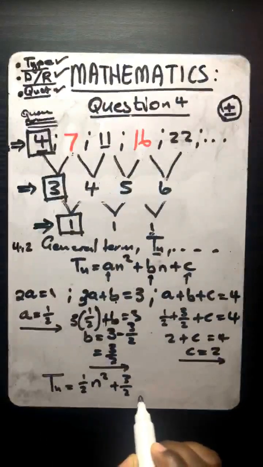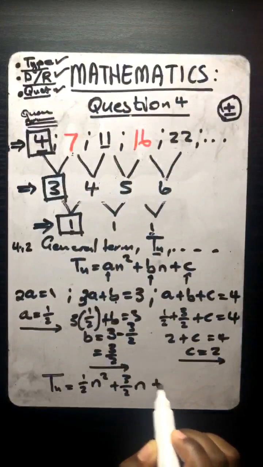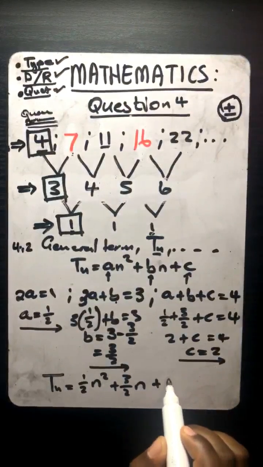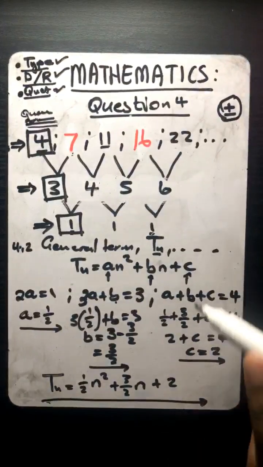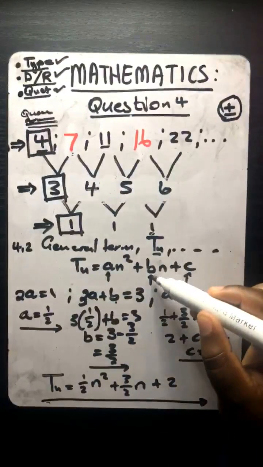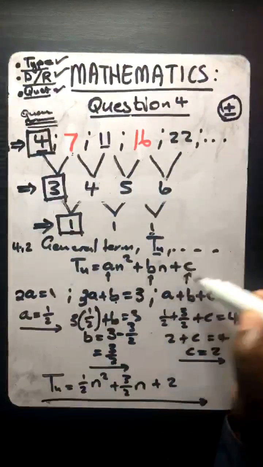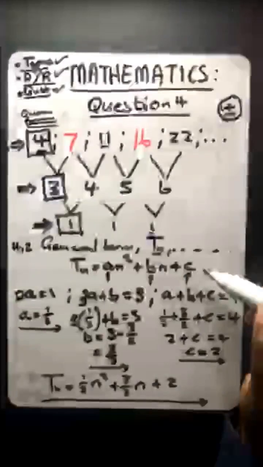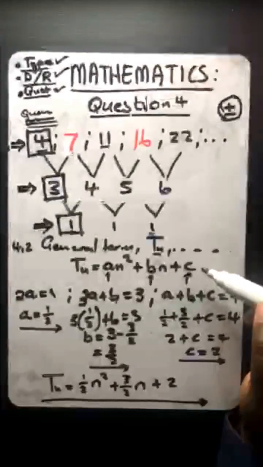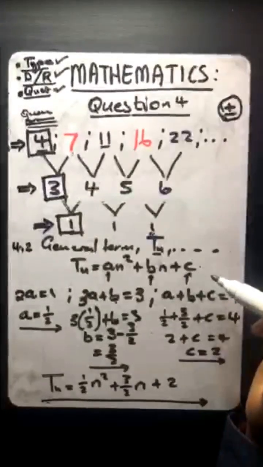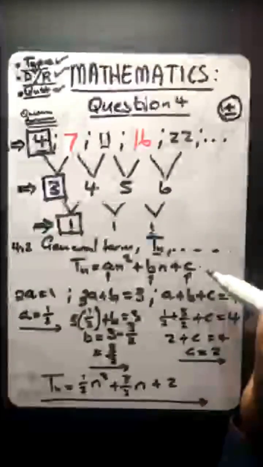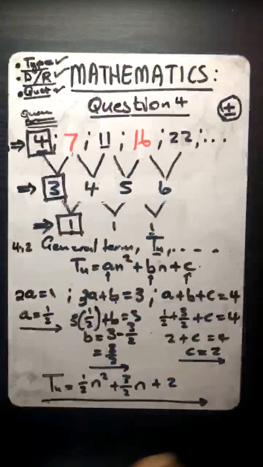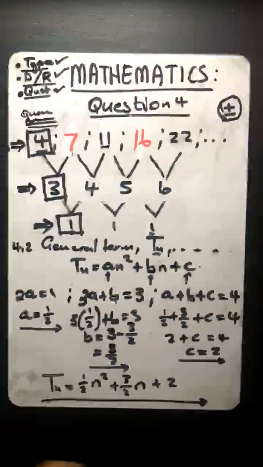Remember, it's not at all times that your a, b, and c values are going to be positive. Sometimes you might find that your b value is negative, or your a value is negative, or your c value is negative, or a mix of those signs. You just need to be careful that whatever you do, you always take the signs into consideration.